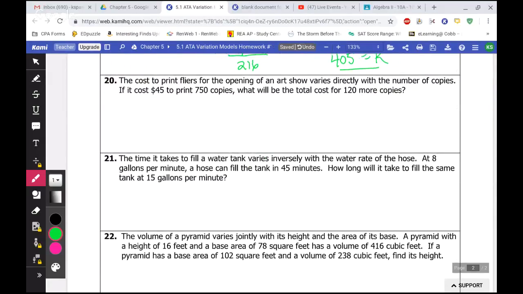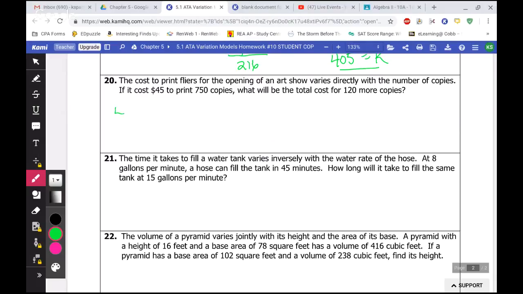The cost to print flyers for the opening of an art show varies directly with the number of copies. If it costs $45 to print 750 copies, what will the total cost be for 120 more copies? Okay, so the cost varies directly with the number of copies.